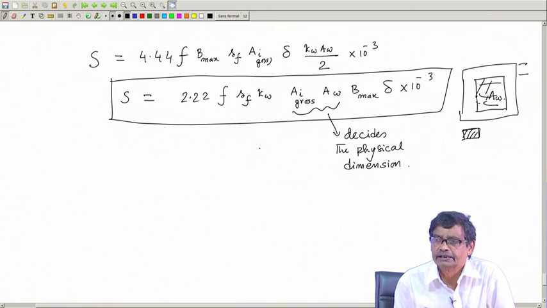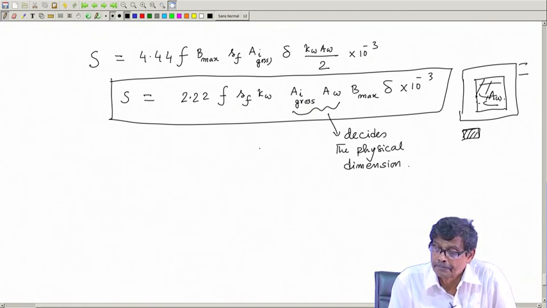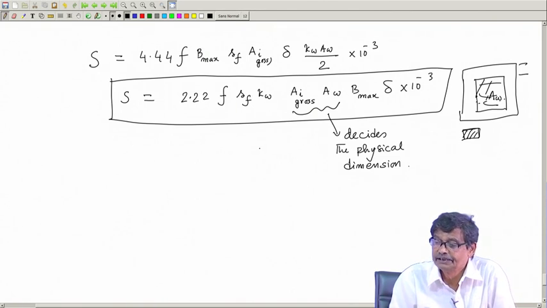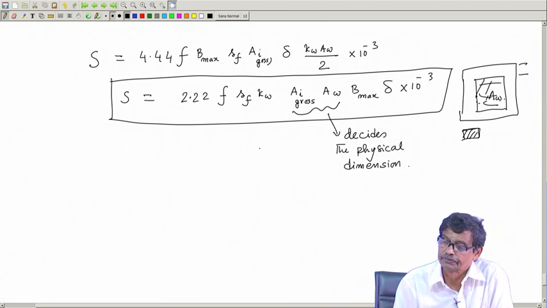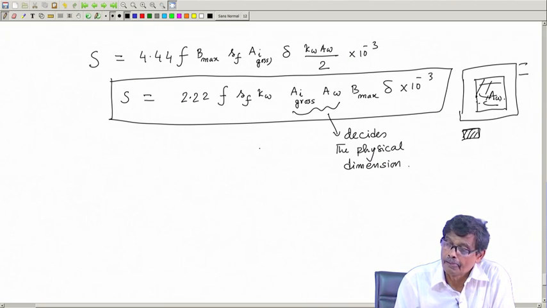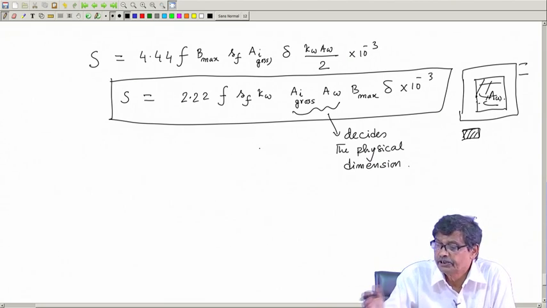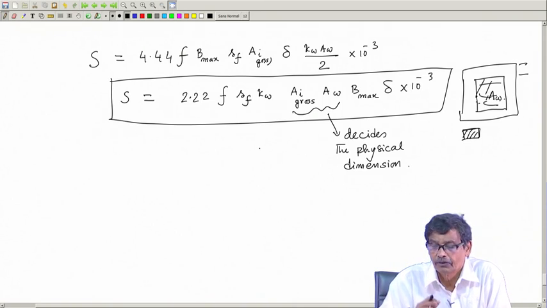It is going to decide that, that is all. So, this is the output equation of the transformer. Similarly, for the 3-phase transformer, it can also be derived; we will do that later.